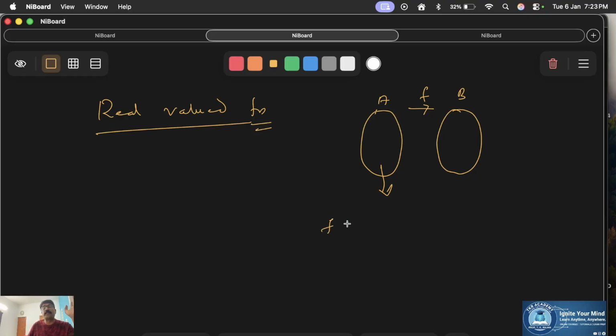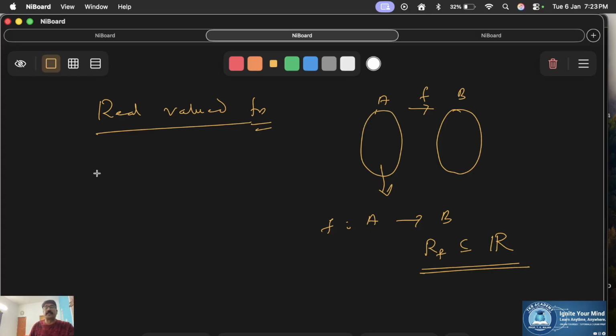A function from A to B is real valued if the range of f is a subset of R. That means the set of all images should come from a subset of real numbers. But the domain is also here. For the time being, we will take it as a subset of R, that's all. Now there is a real valued function.